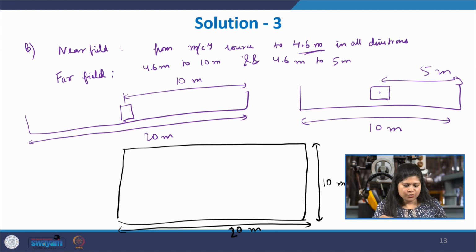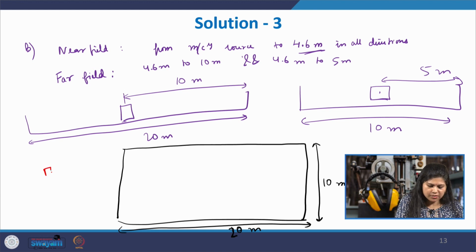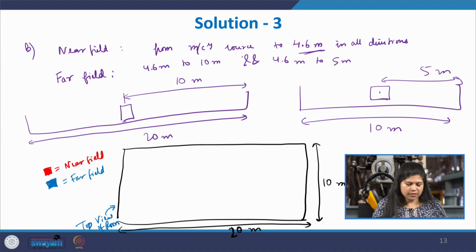Let me indicate the near field with red and the far field with blue. This is the top view of the room, and we have the machinery somewhere in the center.